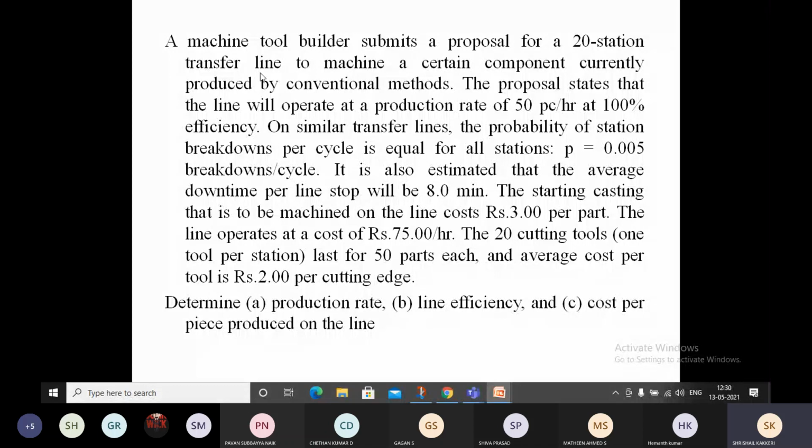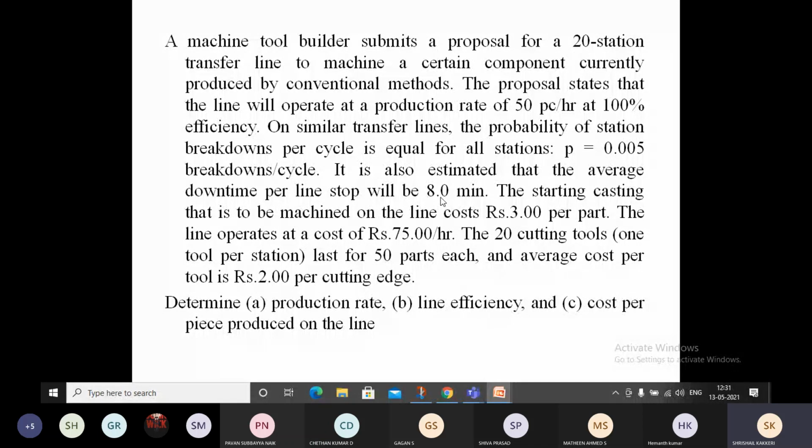The proposal states that the line will operate at a production rate of 50 pieces per hour at 100% efficiency. On a similar transfer line, the probability of station breakdown per cycle is equal to 0.005 breakdown per cycle. It is also estimated that the average downtime per stop will be 8 minutes.